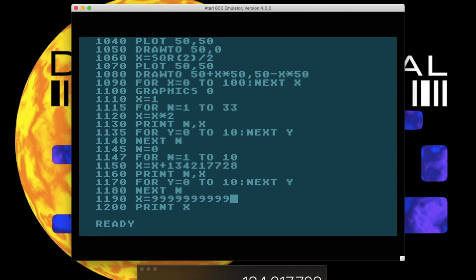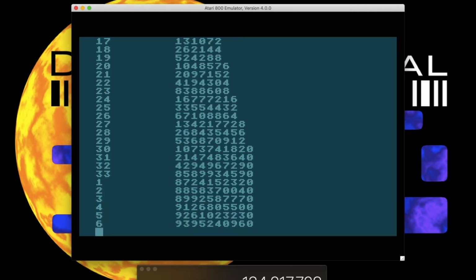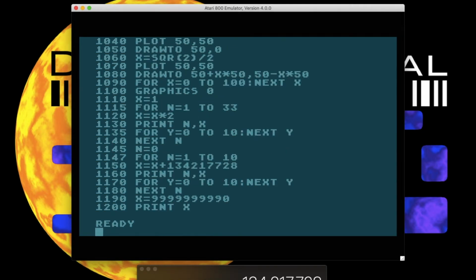Let's try here. No, it didn't like it. And it changes it in the code. Let's see if we can do 5. It didn't like 9.